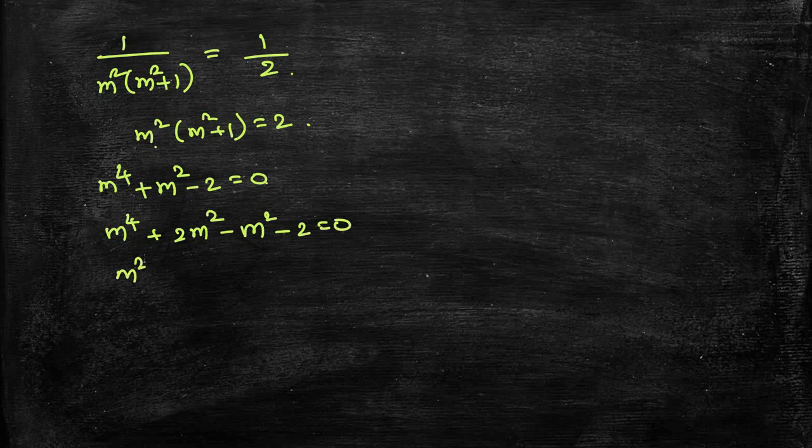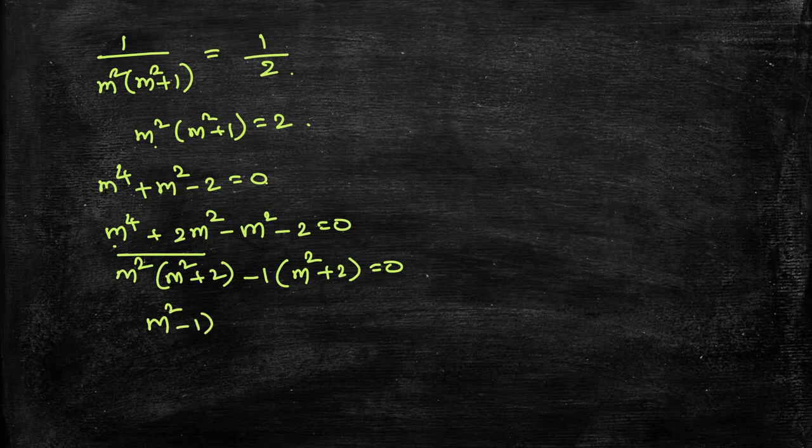Taking m square common: m square into m square plus 2, minus 1 into m square plus 2, is equal to 0. So m square minus 1 is equal to 0 and m square plus 2 is equal to 0. Hence m is equal to plus or minus 1.